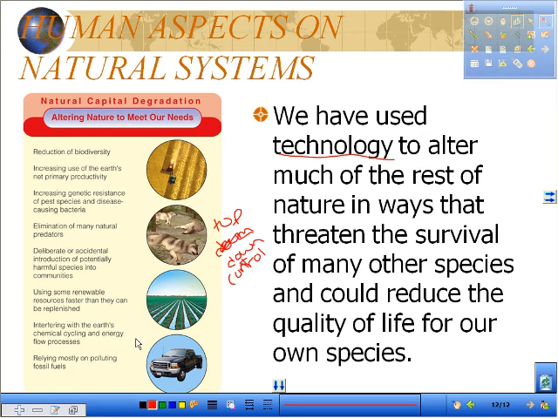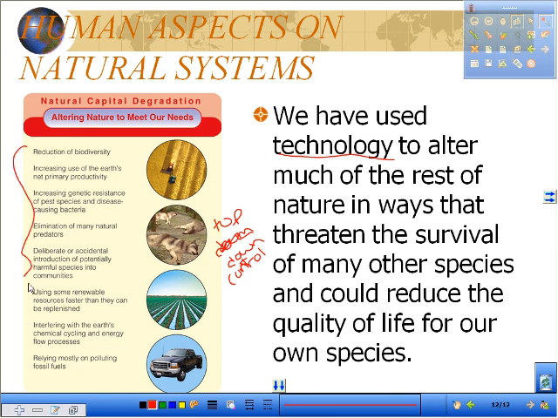Interfering with global cycles, energy flow processes, all of that stuff, because we're making our own energy, changing so much. And then relying on fossil fuels, because they have so much pollution to add to the environment, obviously is not good for the environment, and therefore we really need to start to work on relying on something else.